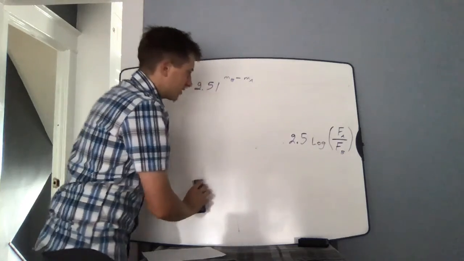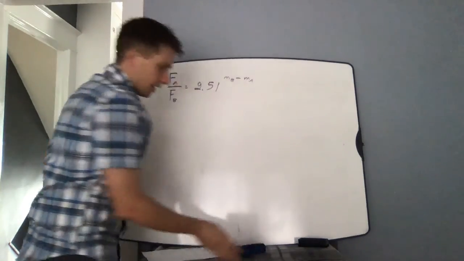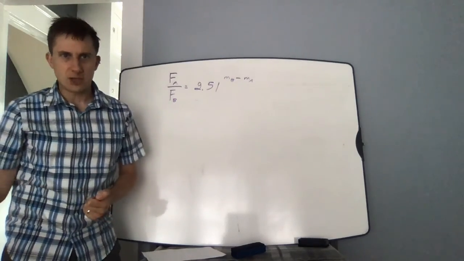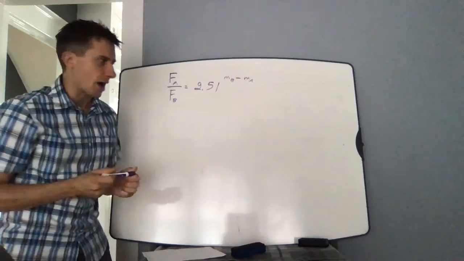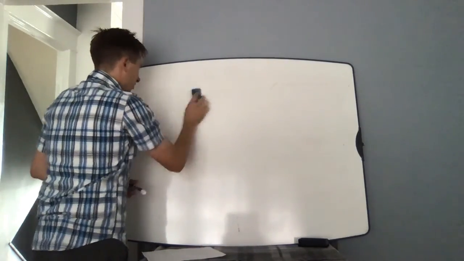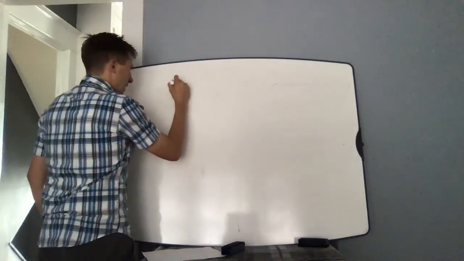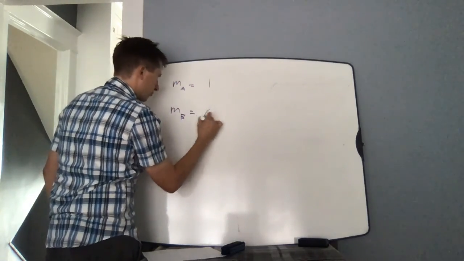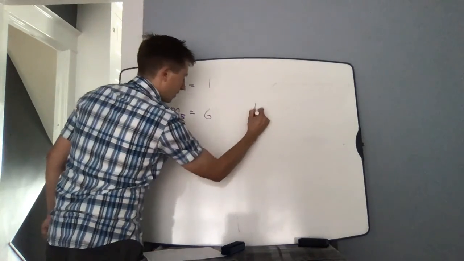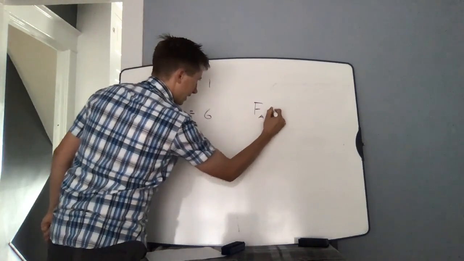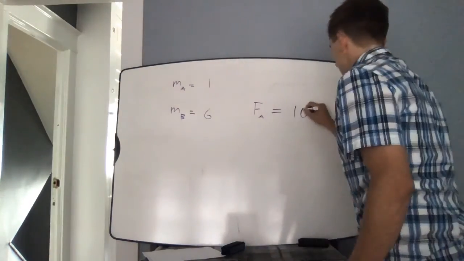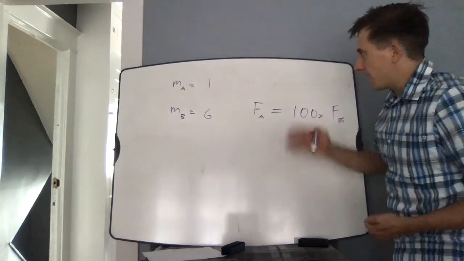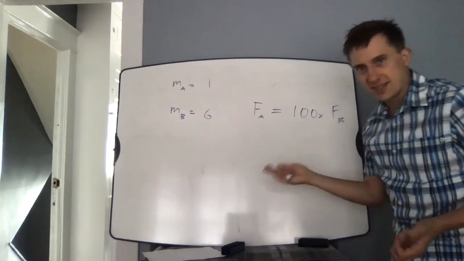Remember that we defined magnitude as saying a magnitude difference of 5 will mean one object is 100 times brighter than the other object. So that basically means if object A has magnitude equal to 1 and object B has magnitude equal to 6, the flux of A is 100 times the flux of object B. I don't necessarily have to have the numbers 1 and 6 right here.